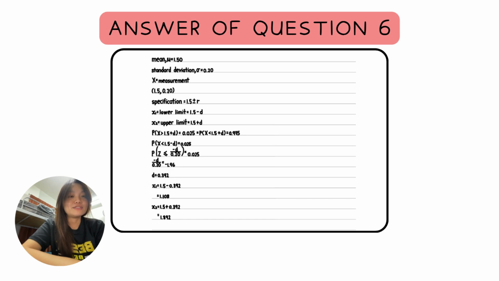After finding the value, which is 0.025, we can create an equation to find d, which is P(Z less than or equal to negative d over 0.2) equals 0.025.